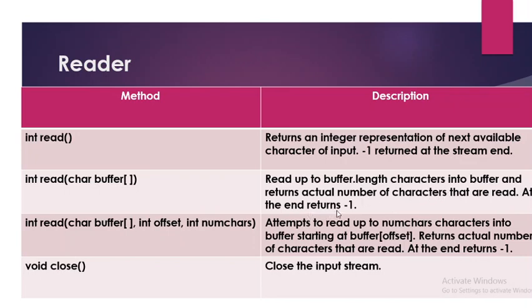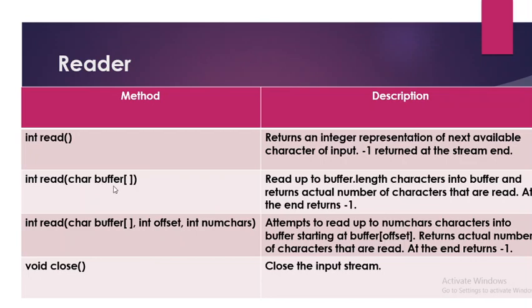At the end, it returns -1. What it means is that we are going to read an array of characters. Up to the length of this character array, as the name is given buffer, I can say buffer length. So up to the length of this array, we can read all the characters by using this read method.